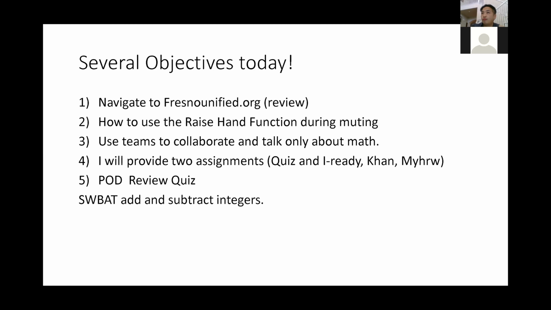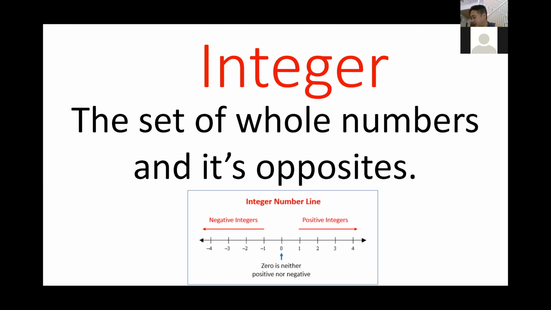Okay, that video is going to help you with what we're doing today, which is to add and subtract integers. Okay, since we did the POD already, we're just going to go straight to the input lesson. Just like class, there's nothing different here. In case you guys forgot, the integer is a set of whole numbers and its opposites.